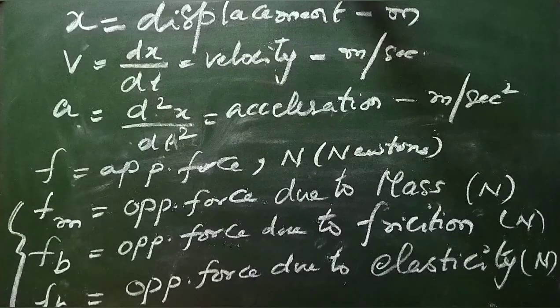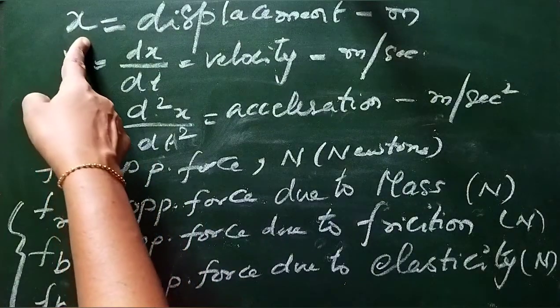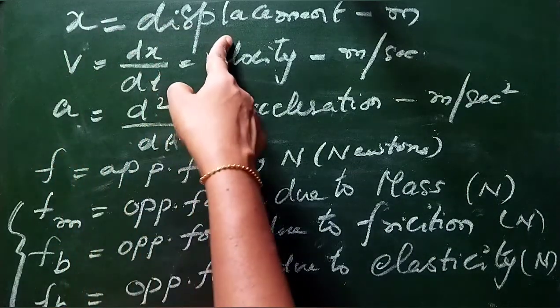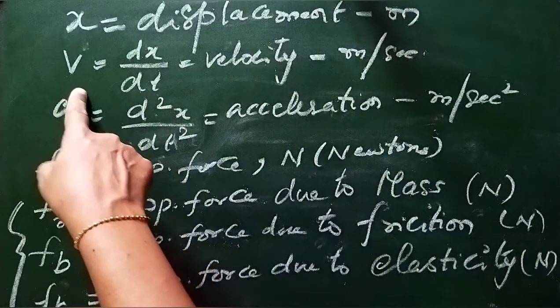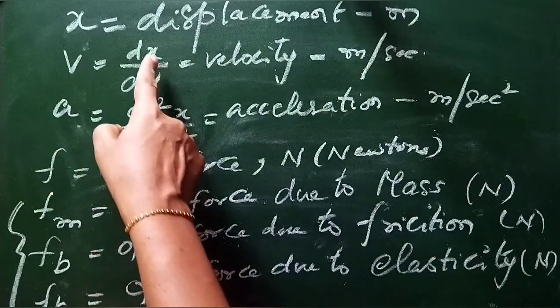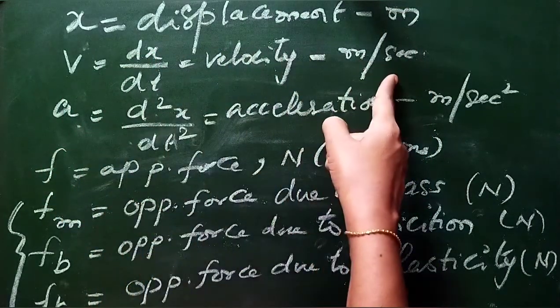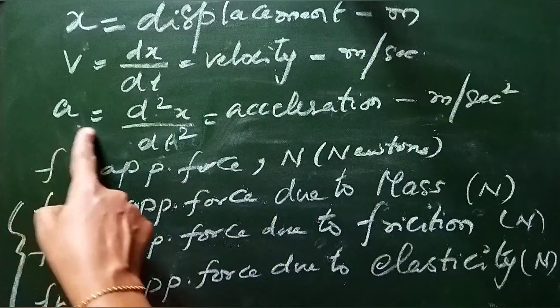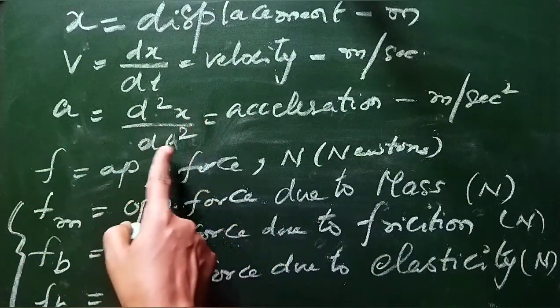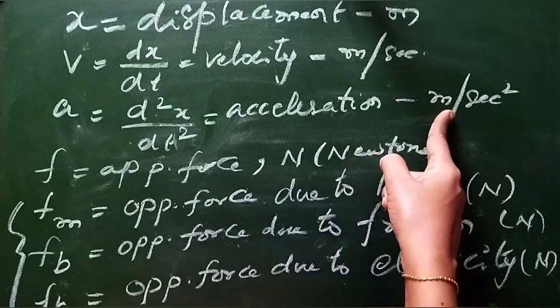Now, for finding the mathematical approach or the model for this mechanical translational system, let's see what are the parameters involved. Now, x is nothing but displacement in meters, and v is velocity dx by dt in meters per second, and A is acceleration d square x by dt square in meters per second square.